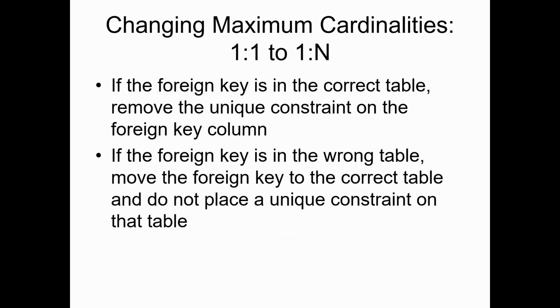For changing maximum cardinalities from 1 to 1 to 1 to many, if the foreign key is in the correct table, remove the unique constraint that is on the foreign key column. If the foreign key is in the wrong table, move the foreign key to the correct table and do not place a unique constraint on that table.